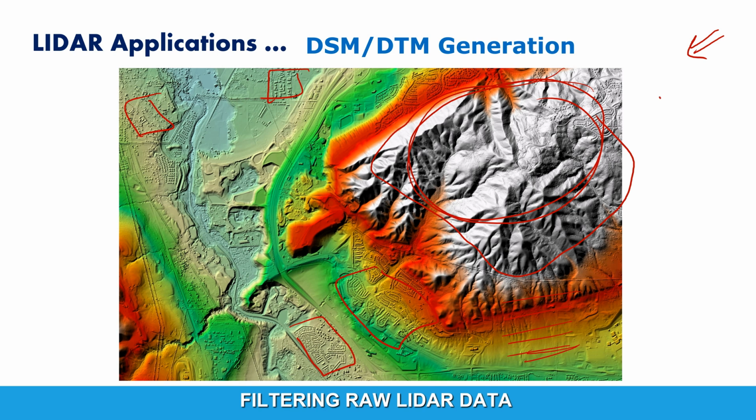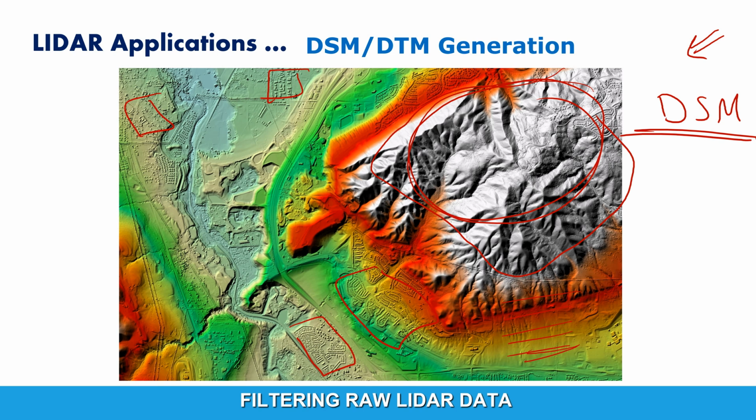And this is called digital surface model. Digital surface model represents the ground surface and all the features on the ground, all the buildings, cars, trees, everything on the ground surface would be included in the digital surface model.